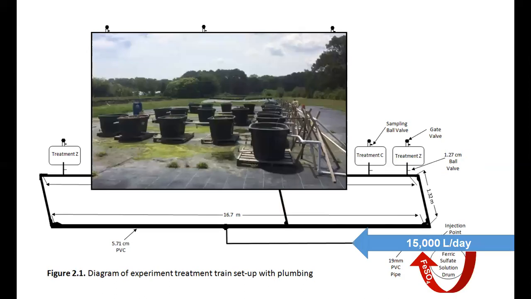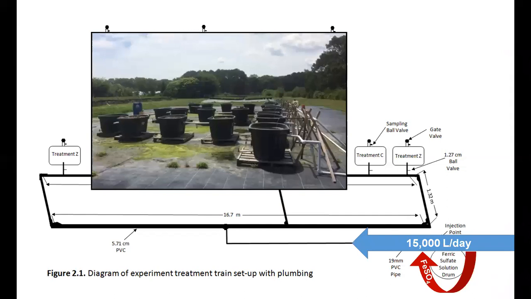Water from the retention pond was pumped up to the reactors at a rate of 15,000 liters a day continuously for 12 weeks. At the same time, ferric sulfate was continuously injected into the system at a rate of 4 parts per million.